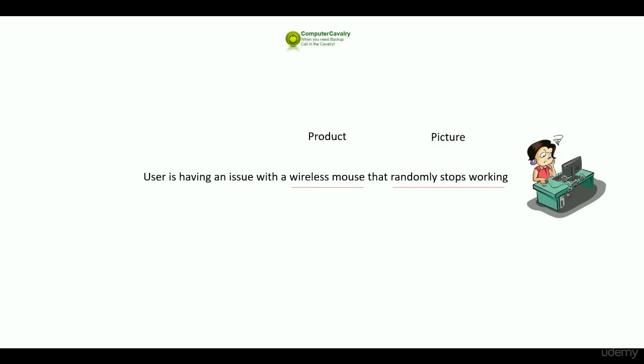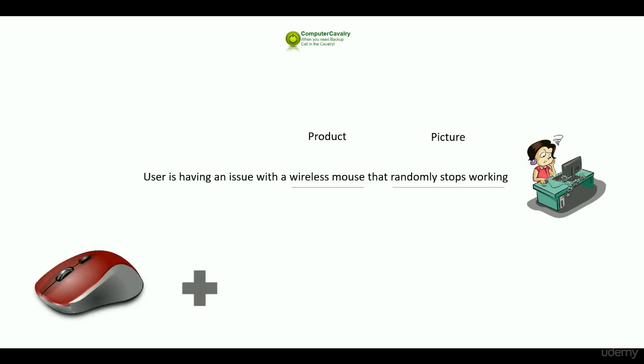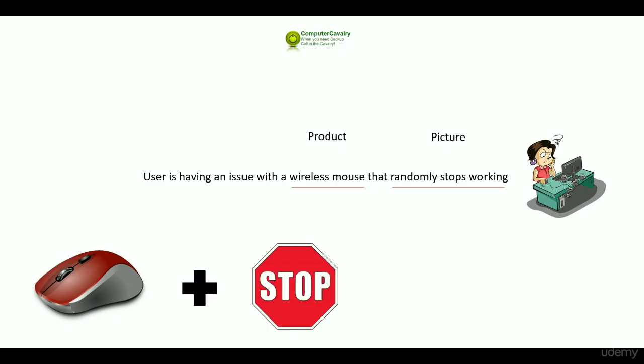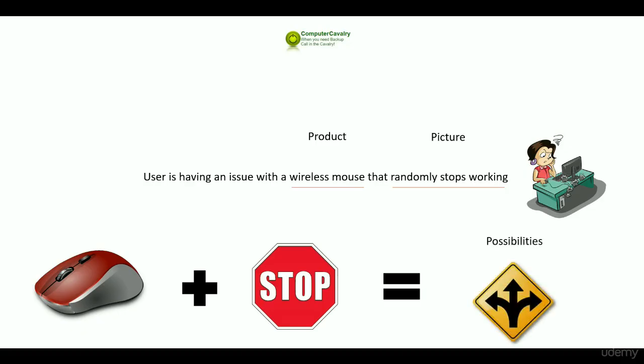And at this point, you can almost feel your body naturally starting to conclude different situations. We know that we have a wireless mouse, and we know that the wireless mouse stops working. Naturally, you feel your body bringing you down what I call the path of possibilities. What are the features of this mouse?